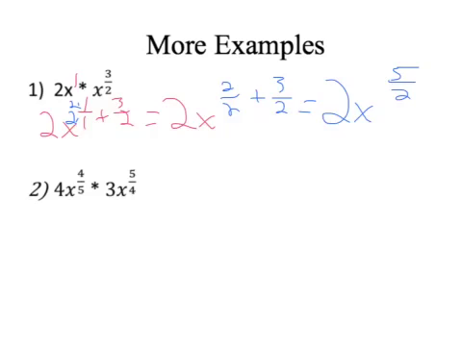On the bottom one, number 2, I'm going to multiply 4 times 3. 4 times 3 would give me 12. And I'll do 4 over 5 plus 5 over 4. I need to find a common denominator between 5 and 4, which would be 20.